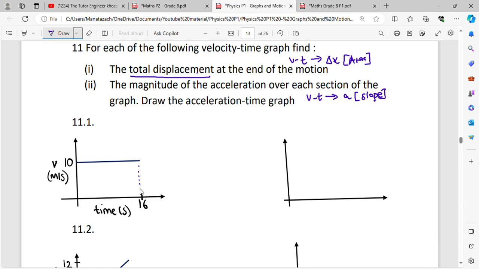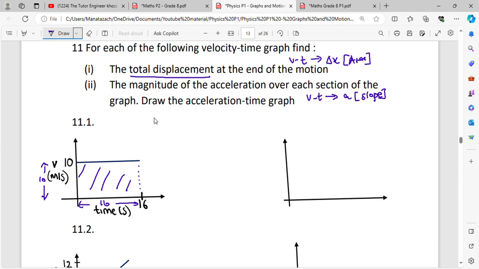So the area under this velocity time graph, this will be the area. On this area we have the base of 16 seconds and the height is 10 meters per second.